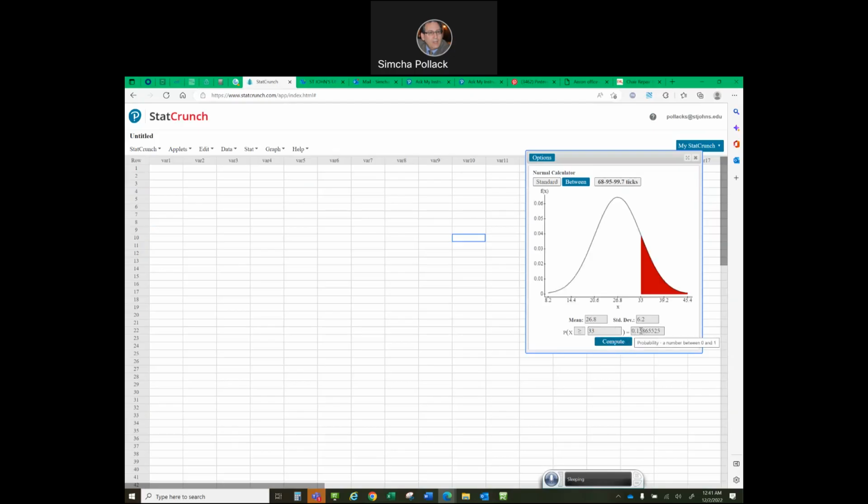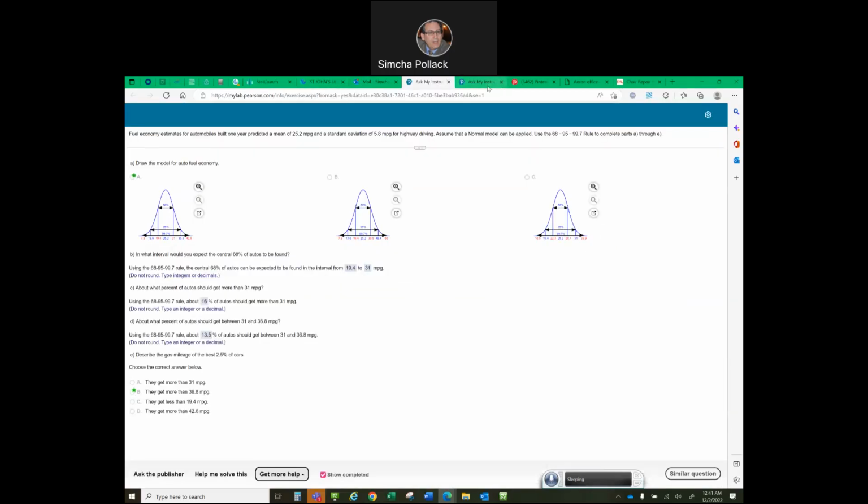And 15 point something, or 16%. So it gives you the exact answer, but this empirical rule is rounded to 16%. Anyway, this is an alternative way of getting the answer. I will come back to this calculator in the next example. Okay, anyway, I'm going to stop here.